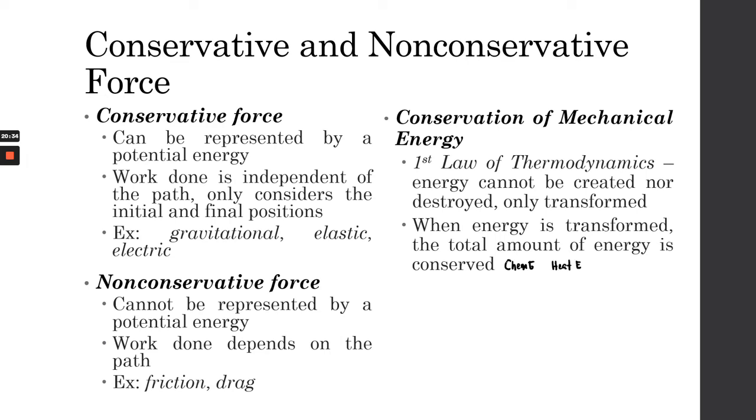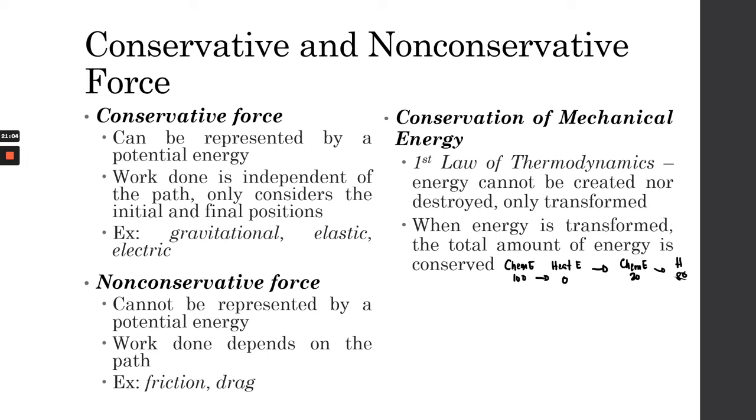Let's say you start with 100 of chemical energy and then you want to transform that chemical energy into heat energy. This is the start, no? And then at the end of the reaction, maybe you're going to have chemical energy, probably 20, because it transforms 80 into heat energy.